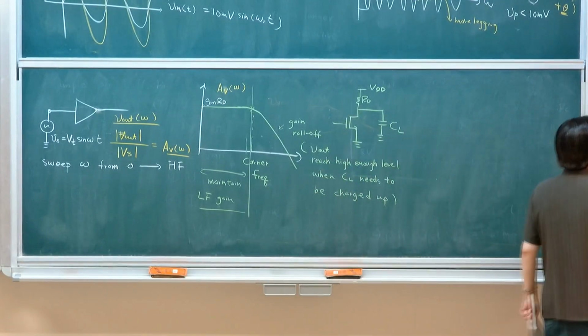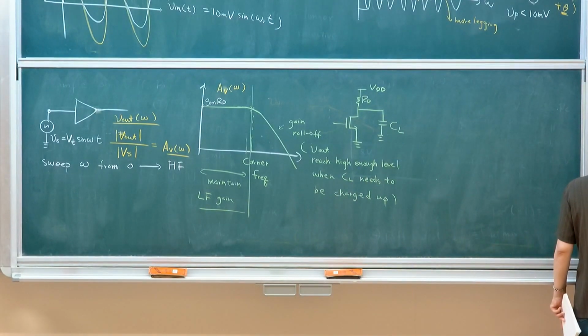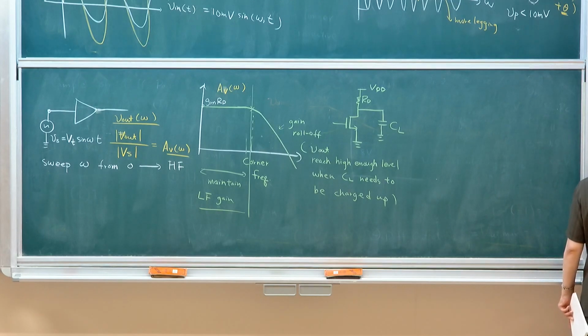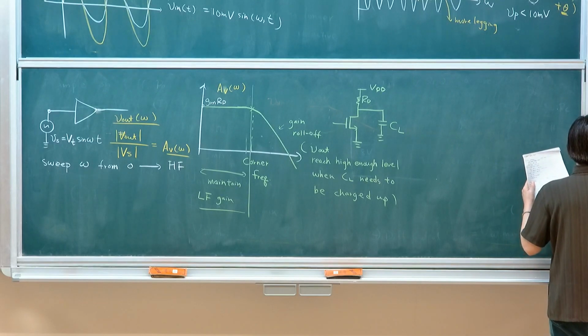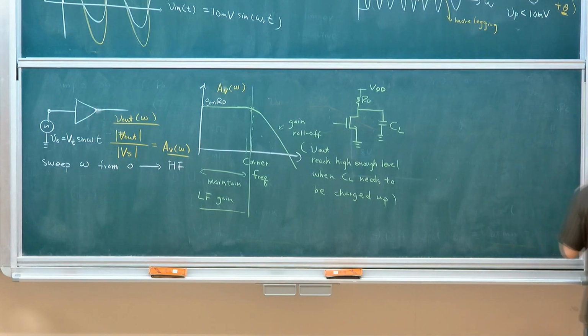So let's say this is a very simple, just one R, one C network. This will be my input as a function of frequency. This will be my output also as a function of frequency.